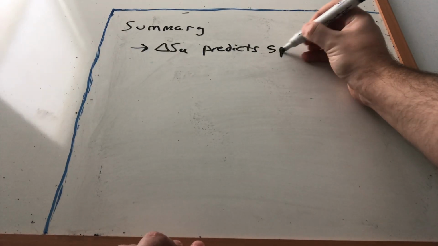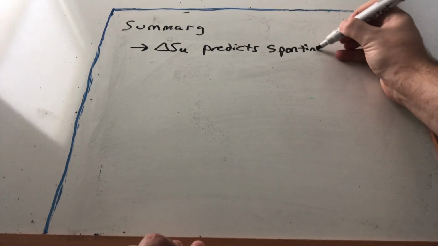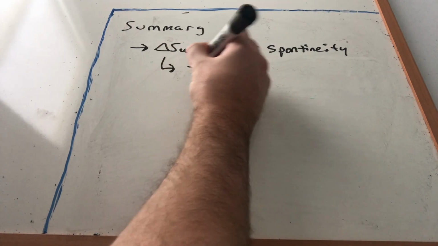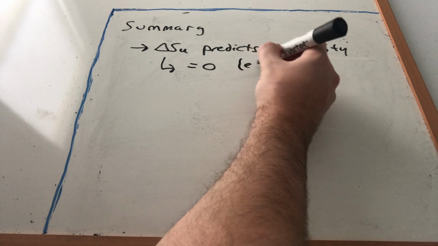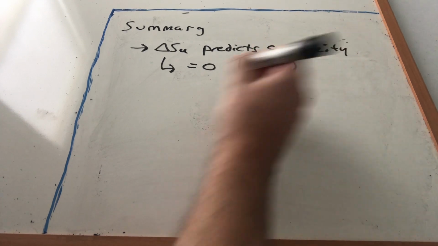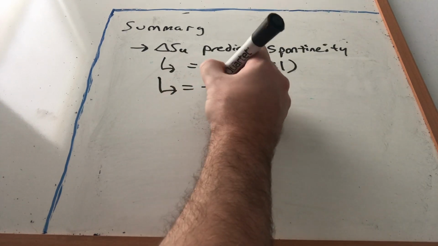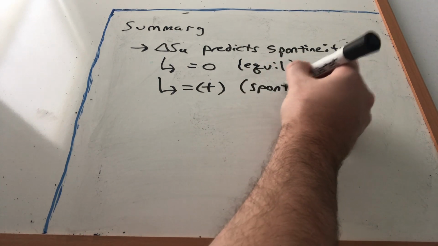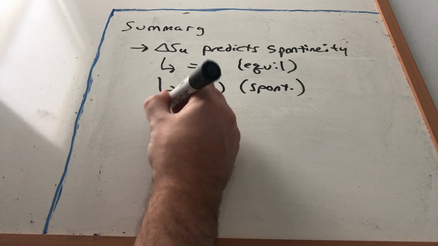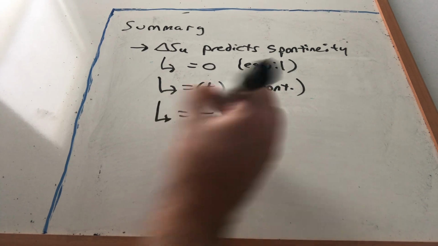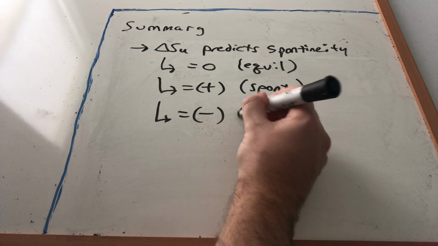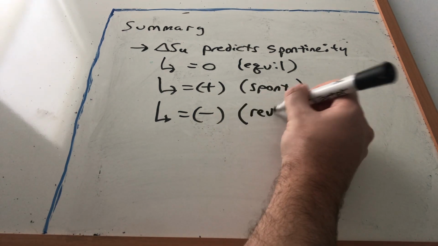It tells us whether something happens or not. When delta SU is equal to 0, you're at equilibrium. When delta SU is positive, then that means it happens as written. It's spontaneous. It will occur. When delta SU is negative, it won't occur as written. And in fact, the reverse is spontaneous.